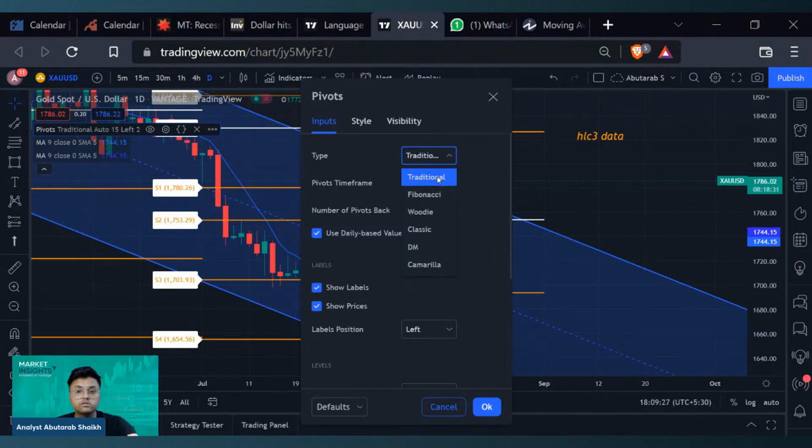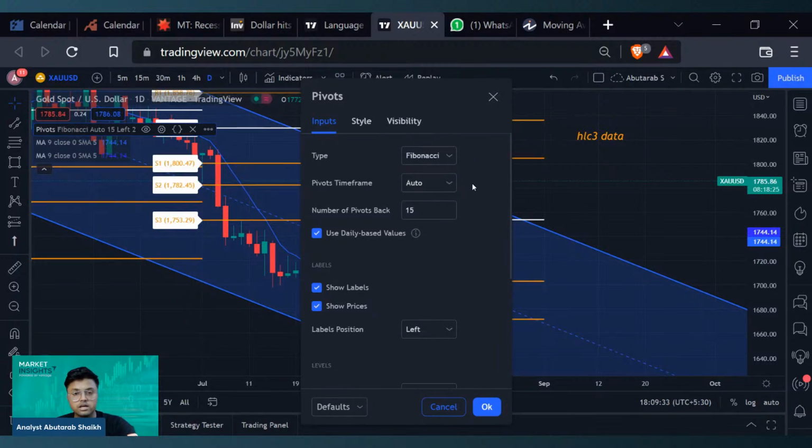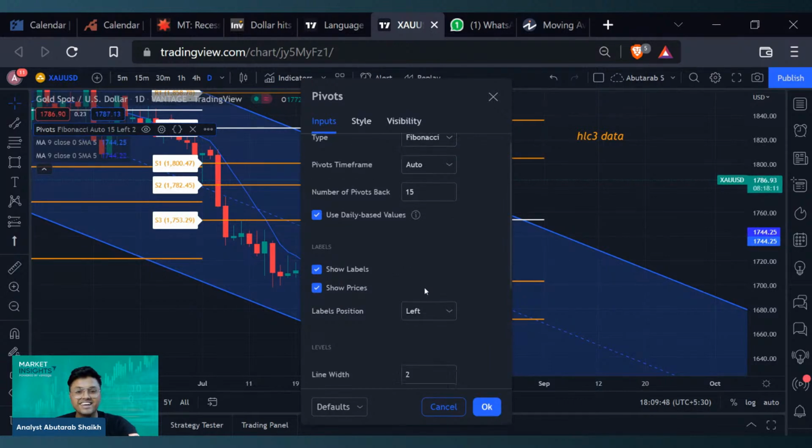But what we traditionally use is just two, traditional plus Fibonacci. I mostly prefer Fibonacci because it is based on the golden ratio. Now, what is the golden ratio? I would have to explain so many things, that is a very deep concept. Don't worry about it. It is a very good type. So you can use Fibonacci. Trust me.